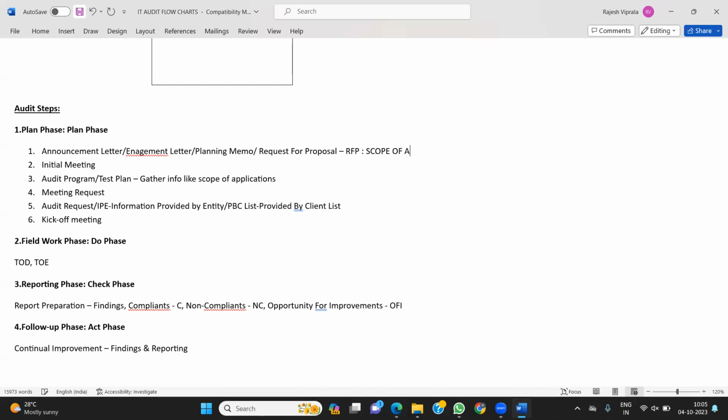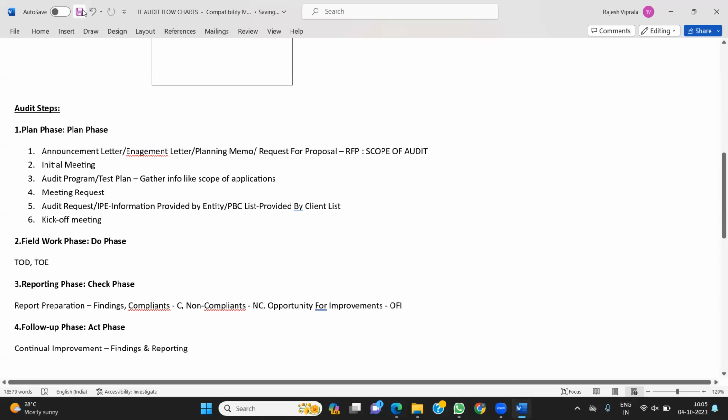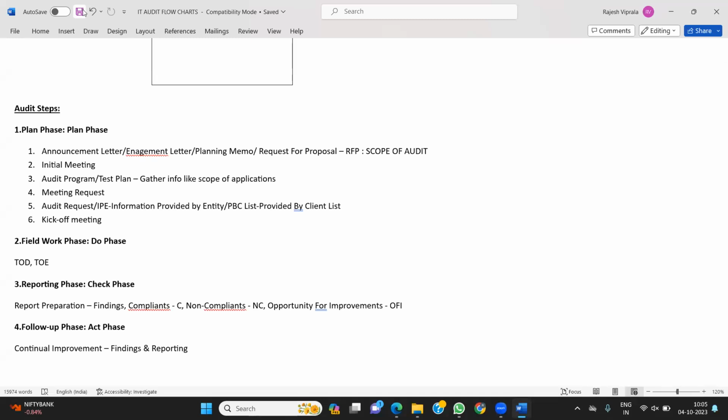That particular document is put into different forms or formats: announcement letter, engagement letter, planning memo, or request for proposal. So when this happens, the organization, in this example HDFC Bank, will tell KPMG what they are expecting out of this particular communication.